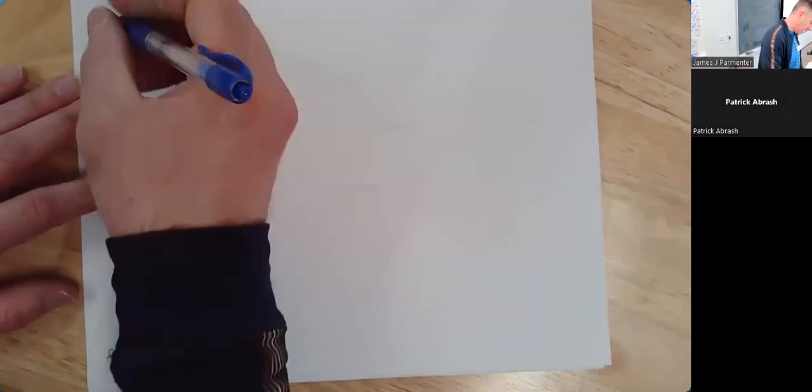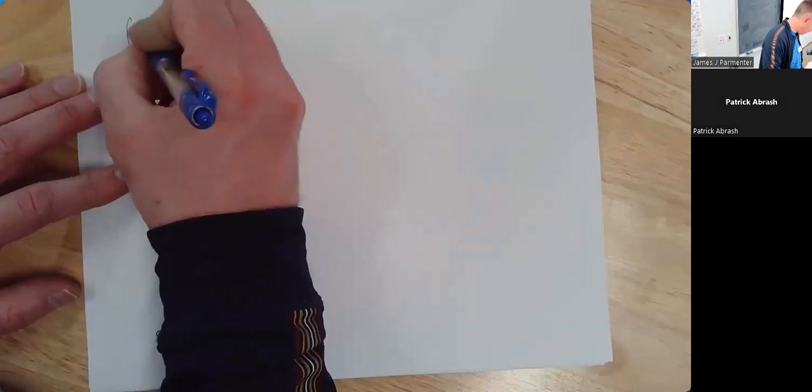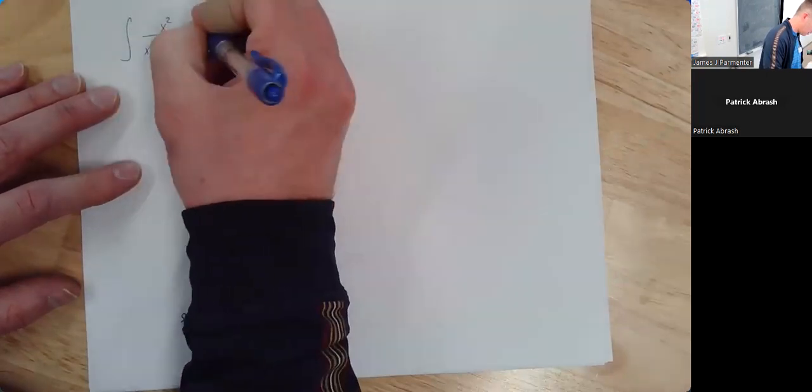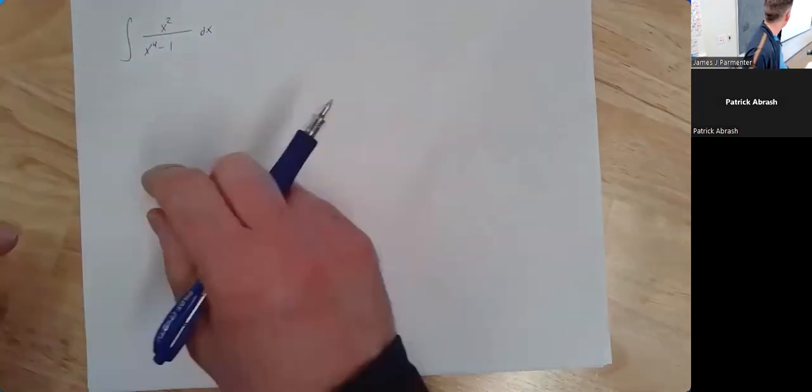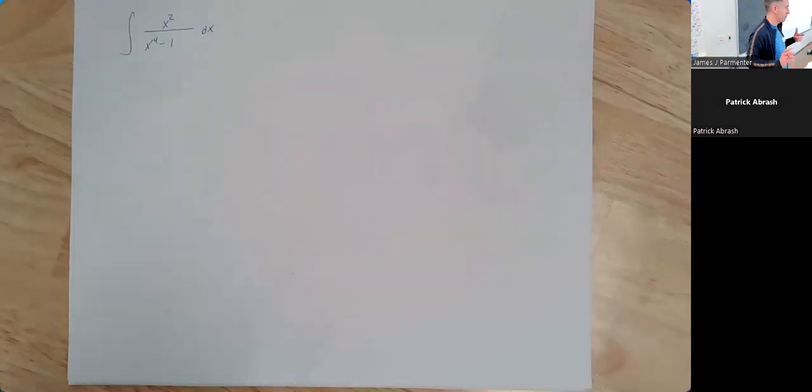So let's look at the integral of x squared over x to the 4th minus 1 dx. And again, I just want to point out that unless your denominator factors completely as linear factors that don't have higher powers, you're always going to run out of nice values of x.